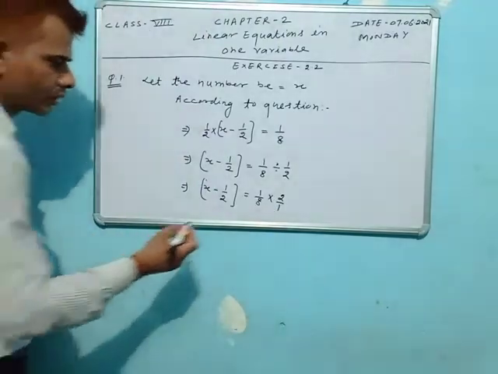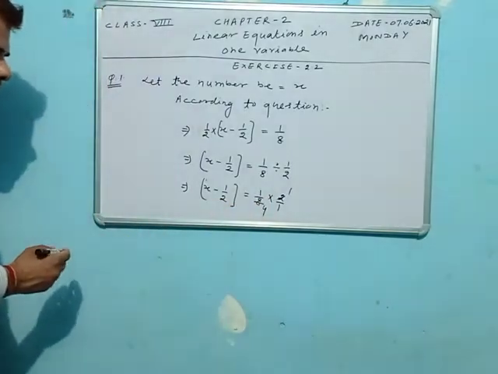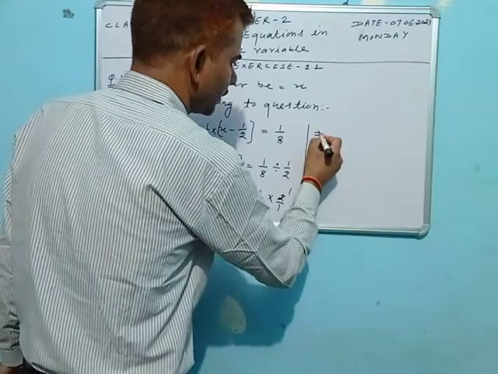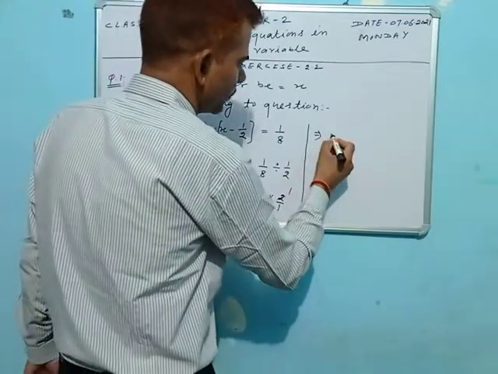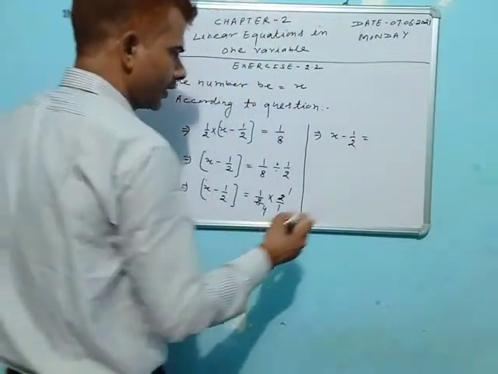Now cancel out: 2 1s are 2, 2 4s are 8, that becomes 1 by 4. Now it can be written as x minus 1 by 2 is equal to 1 by 4.